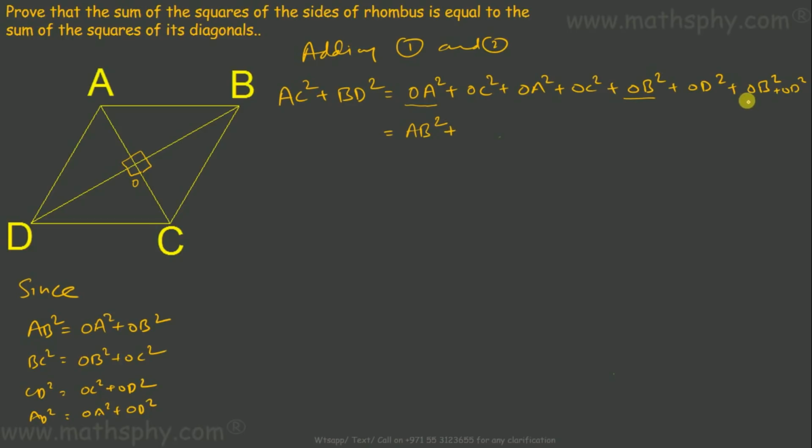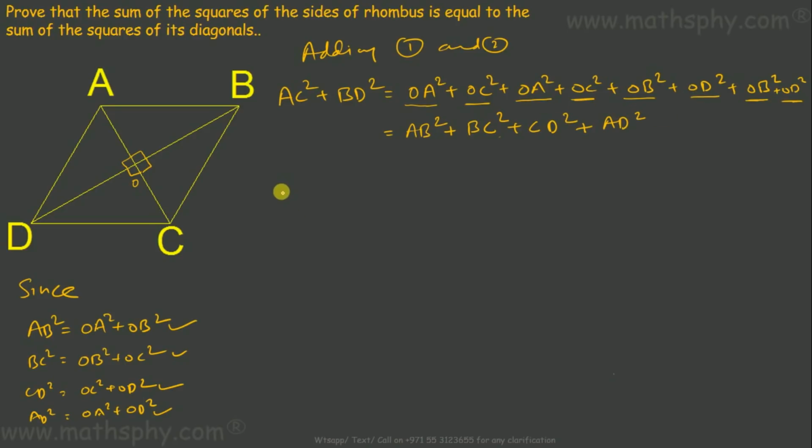So OA square plus OB square gives you AB square, plus OB square plus OC square gives you BC square. So this is done. OC square plus OD square gives you CD square, plus OA square plus OD square gives you AD square.